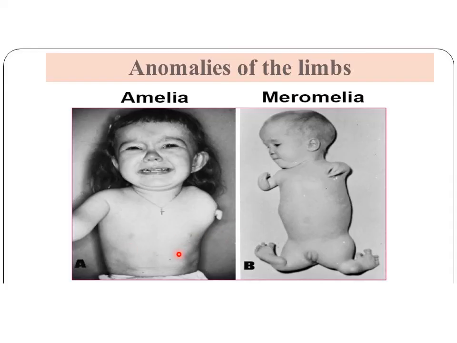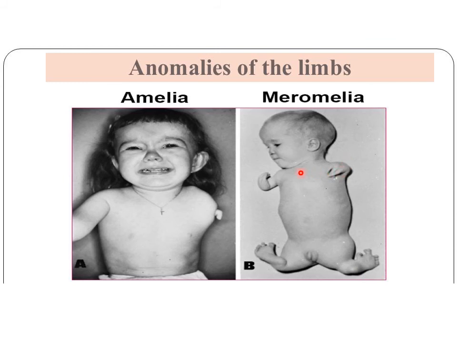So in image A, on the left side, you have a female child with complete absence of the left upper limb. This is called amelia. Complete absence of one extremity or two is called amelia. On the right side, image B, this baby has what is called meromelia or phocomelia.